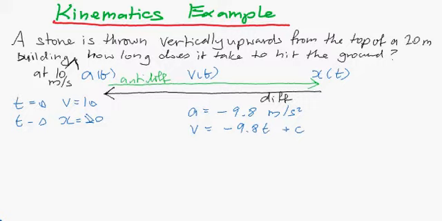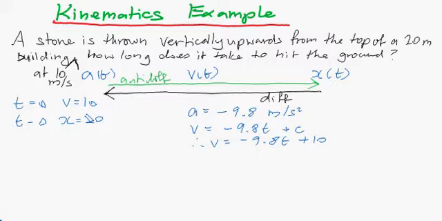So v is negative 9.8t plus 10. Yeah? So if you put t equals 0 into that, v will come out as 10.